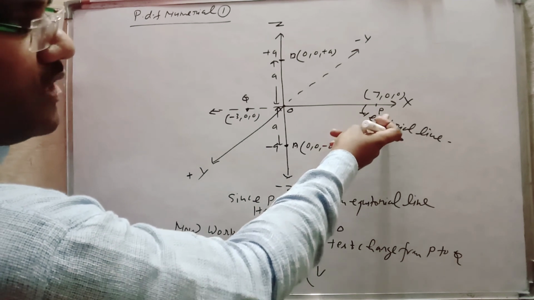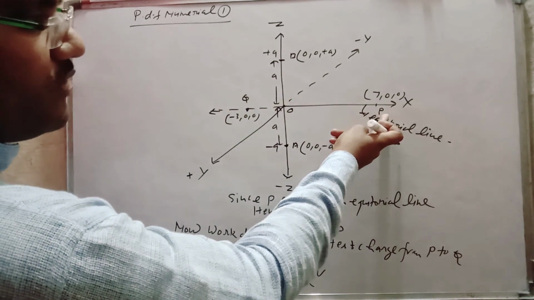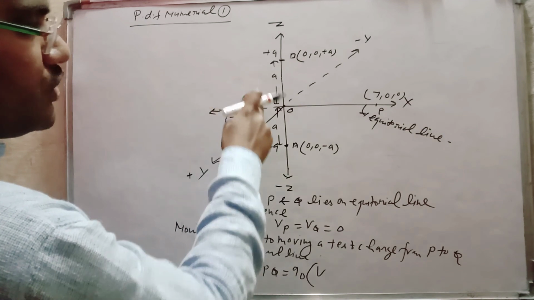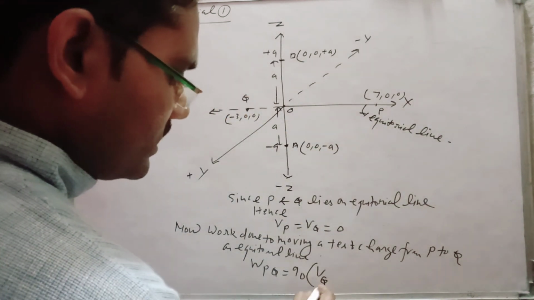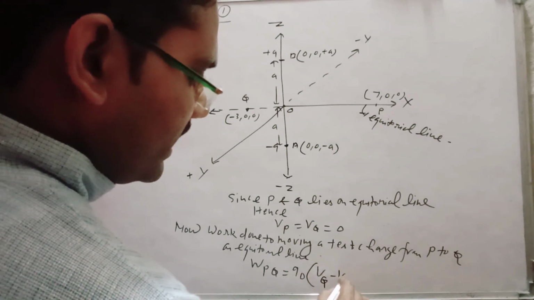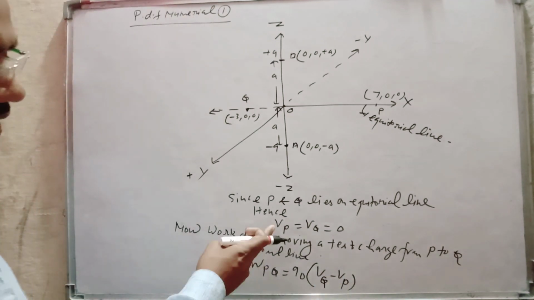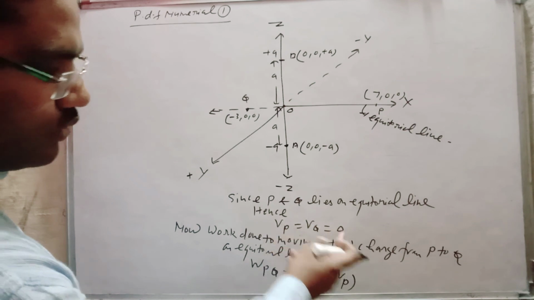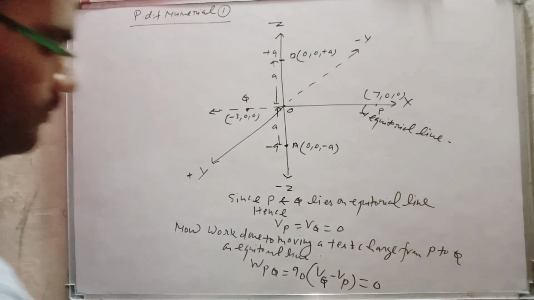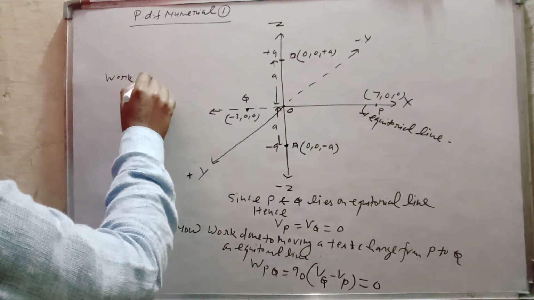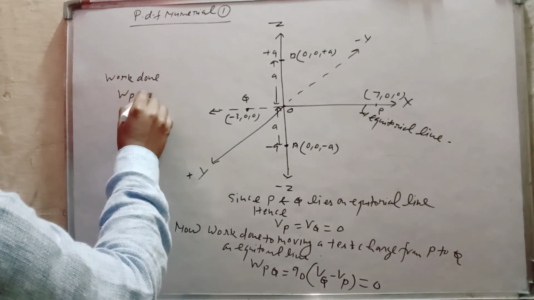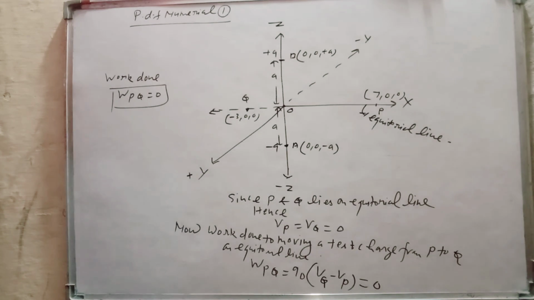Here the charge moves from P to Q, that means Q is the final point and P is the initial point, so potential at final point minus potential at initial point. Now the potential at P and Q is 0, so this becomes 0. That means work done W_P to Q is equal to 0.